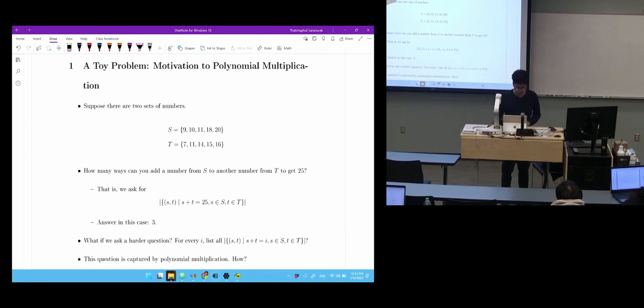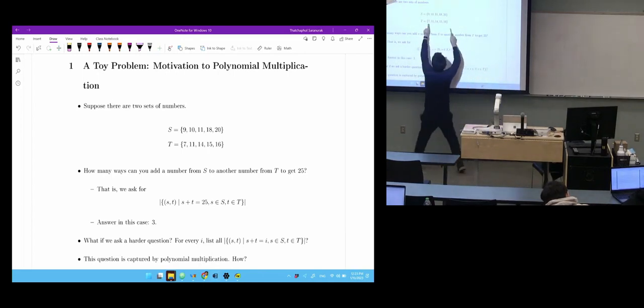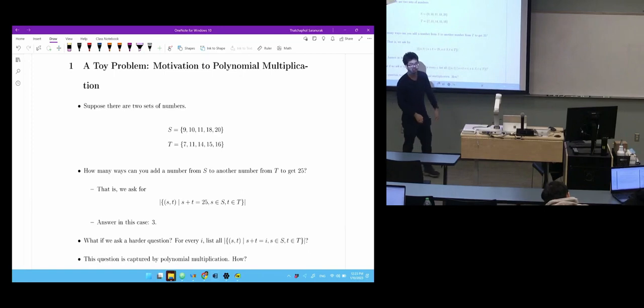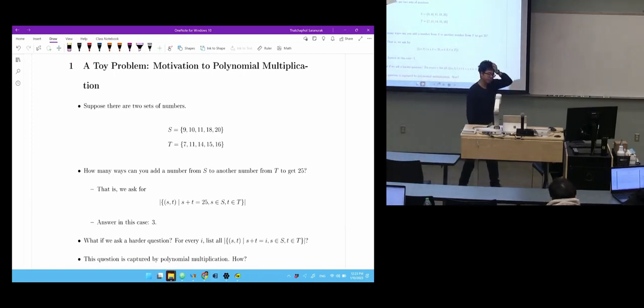A way to write it down mathematically is just like this: you ask for pairs of S and T such that the sum of them is 25. By the way, from this example, you see there are three ways. But you can ask this in general.